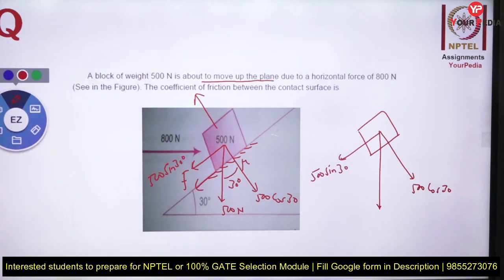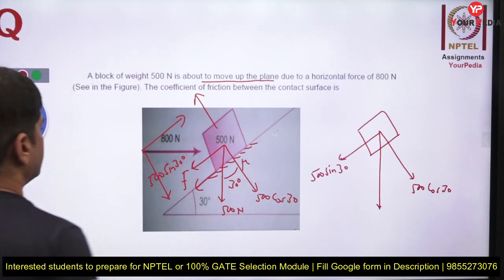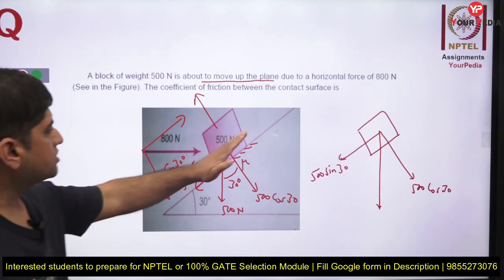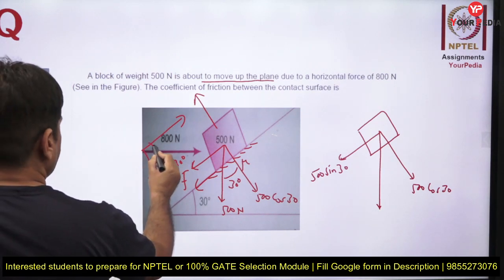But then there is the 800 Newton force also acting. Now I resolve this 800 Newton force also along the inclined surface and perpendicular to the contact surface. This inclined surface is the contact surface. This angle is 30 degree.